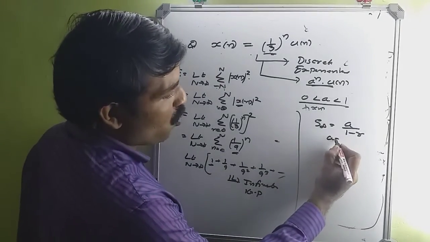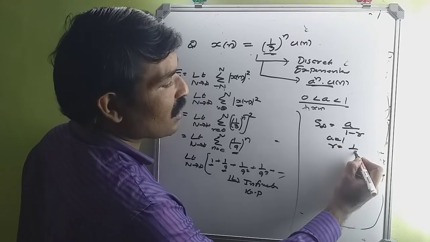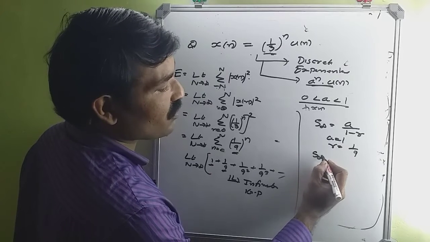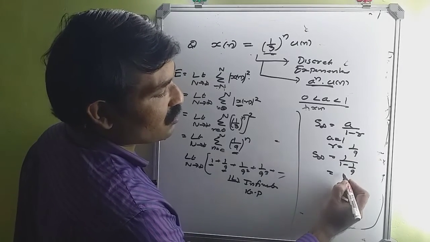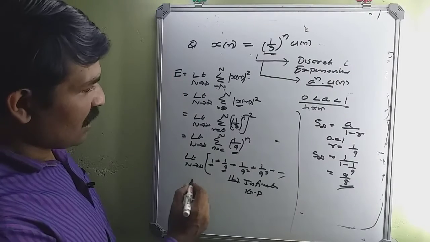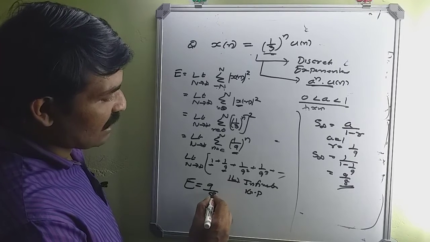Here a is 1 and common ratio r is equal to 1 by 9. So the sum to infinity is 1 by 1 minus 1 by 9, that is equal to 9 by 8. Energy of the signal is equal to 9 by 8 joule.